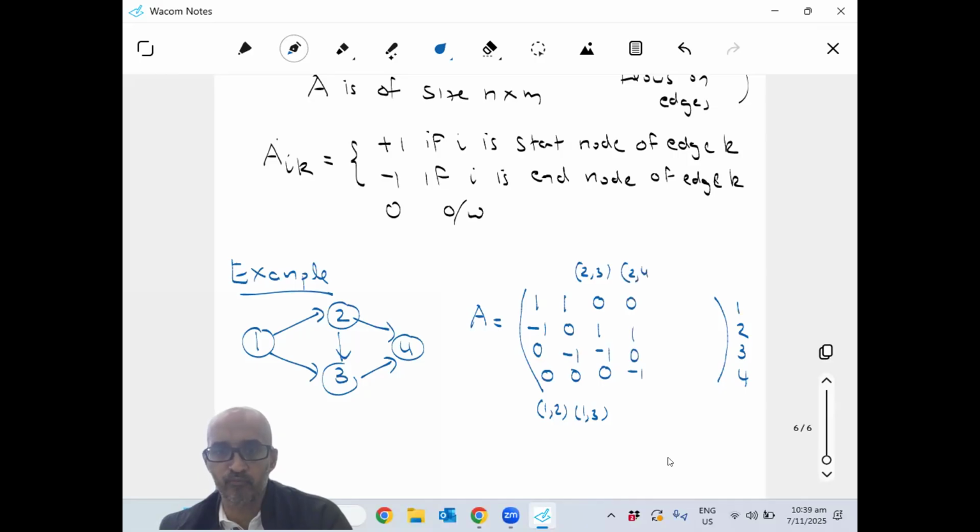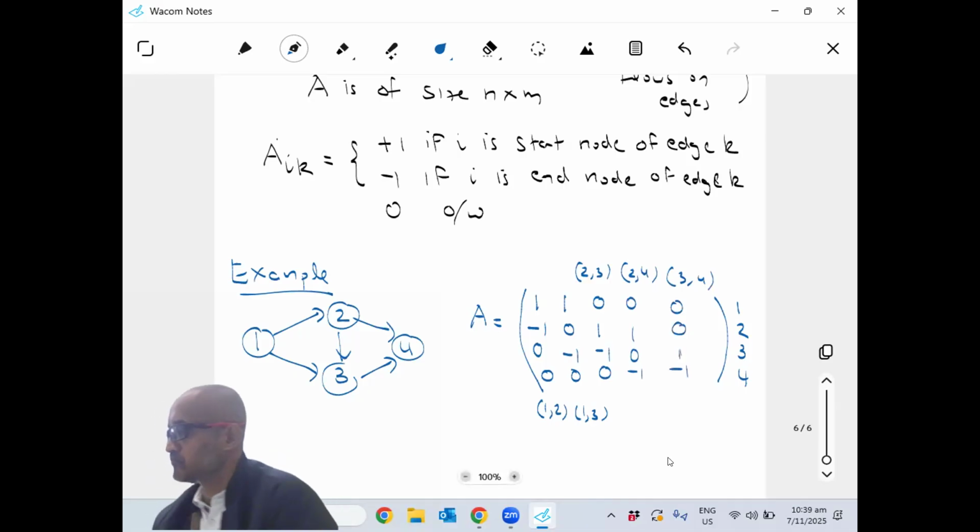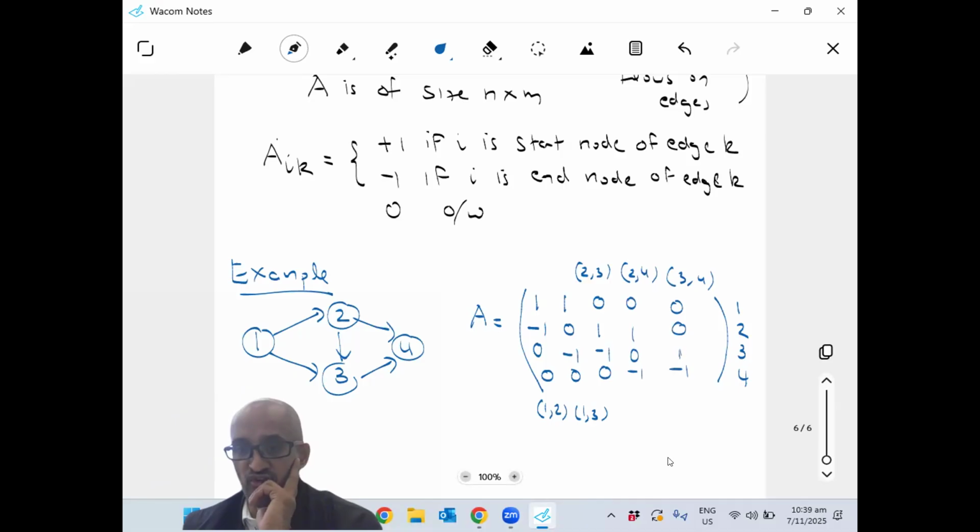That's 2,4. Then the last will be 3,4. Link 3,4 will be 0, 0, 1, -1. So this is a 4 by 5 matrix, 4 rows for 4 nodes, 5 columns for 5 edges. Is that clear?